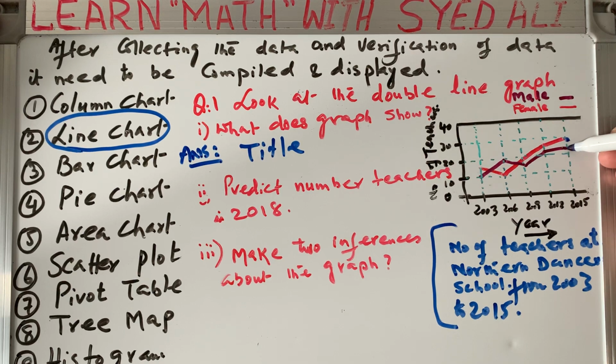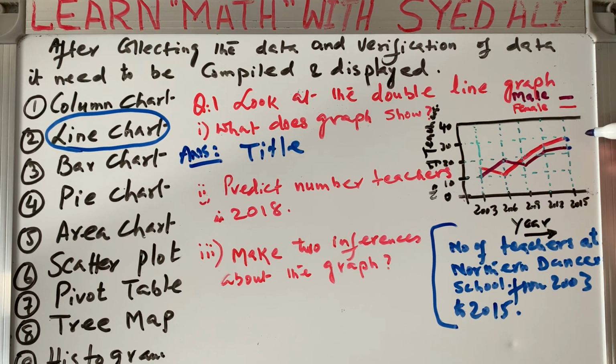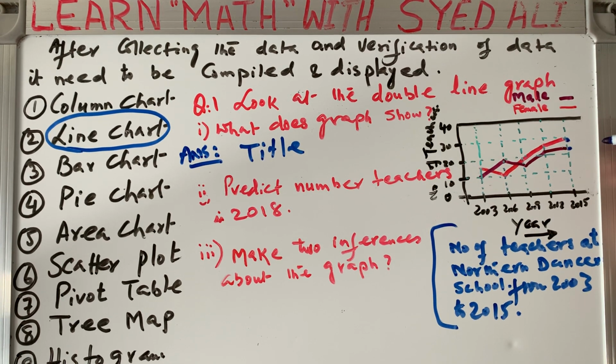So 30 plus 22, 52 total teachers in 2015. What are we expecting in the next years, depending on this graph? It's not moving that rapidly, but we can predict what will happen in 2018.